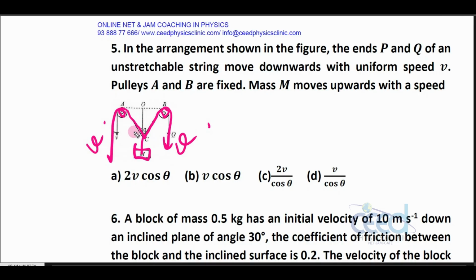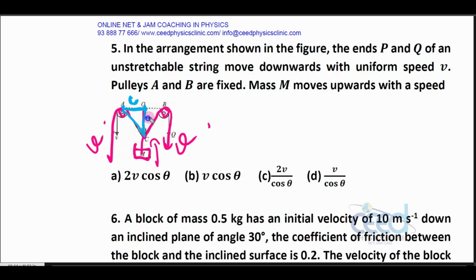Suppose these ends go downward with velocity v, automatically the mass goes up. They are asking for this mass's upward velocity. If you consider this triangle here, this length is constant because the pulley separation is not changing, but this length is changing.